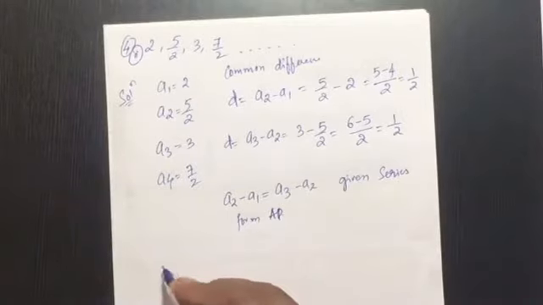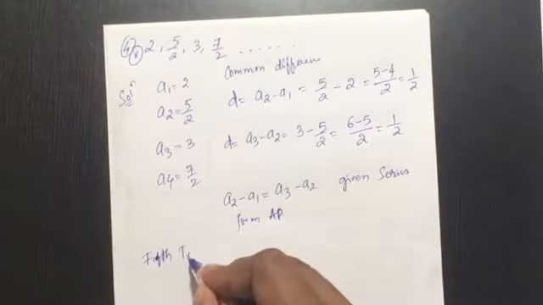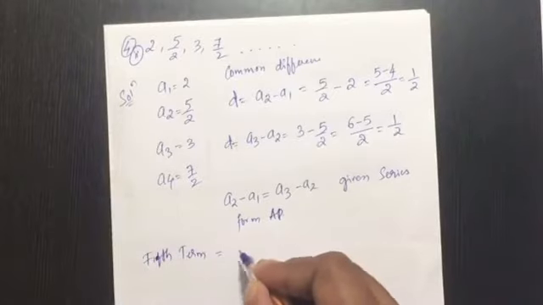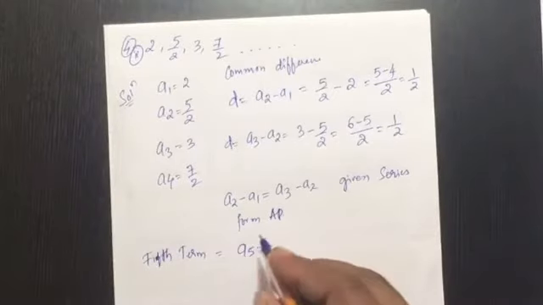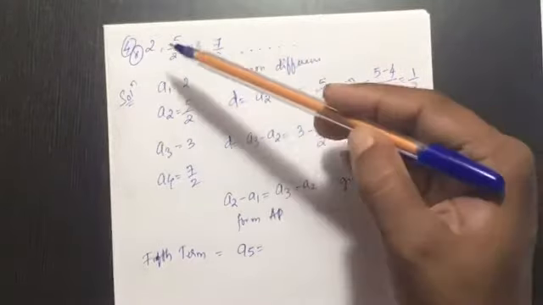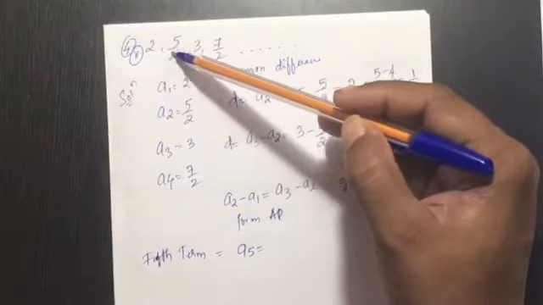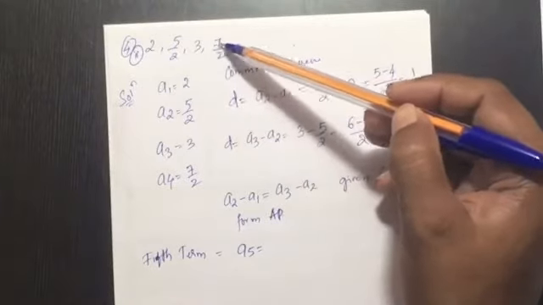Okay, so to find the fifth term, that is A5 is equal to, here already given the first term, second term, third term, fourth term. Now you have to find the fifth term.